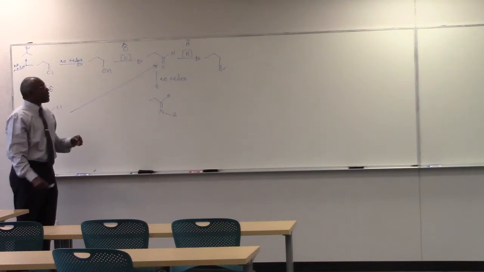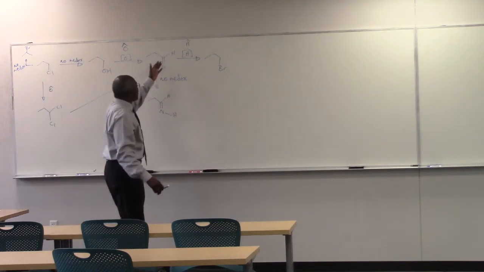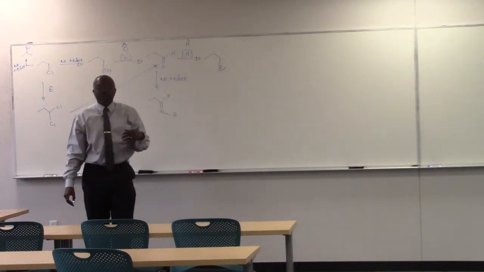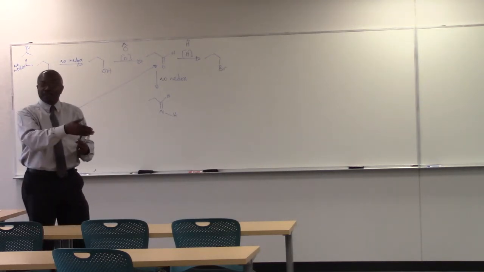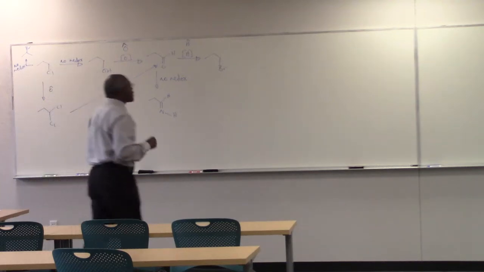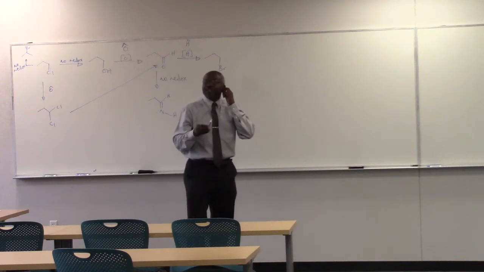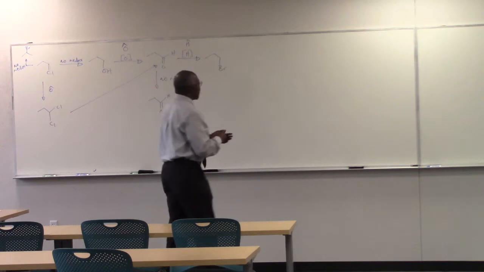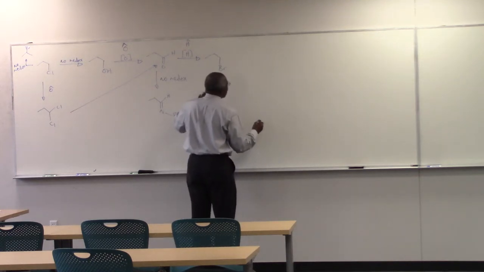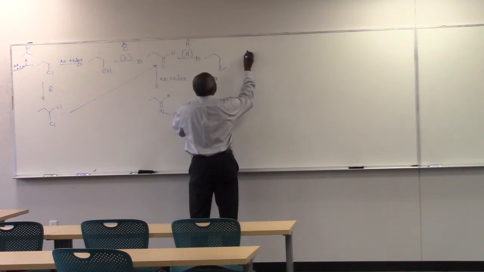There are species that are reducing agents, reductants, that carry out reductions. I want to know for a given reduction how much reagent I need to carry out the reaction. So in order for us to do that, what we need to figure out is how many electrons are transferred as we go from one oxidation level to the next. So let's go ahead and start with the oxidation level.